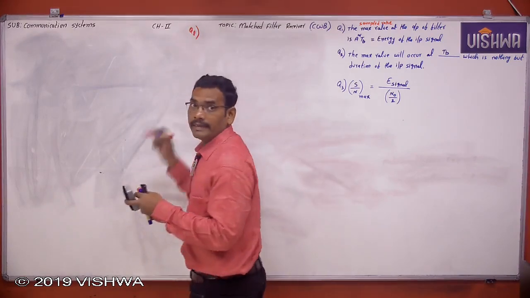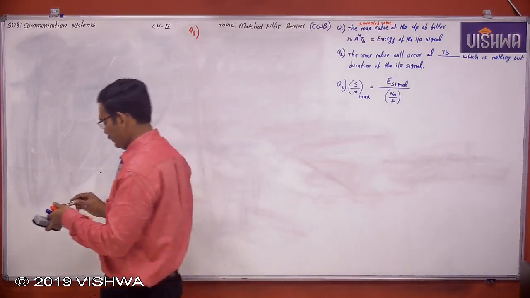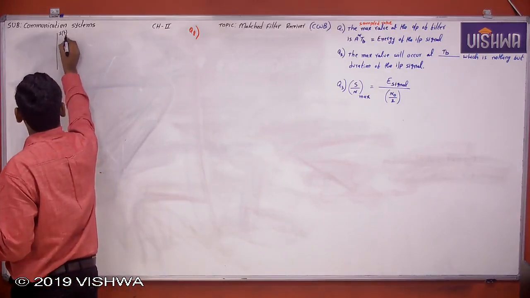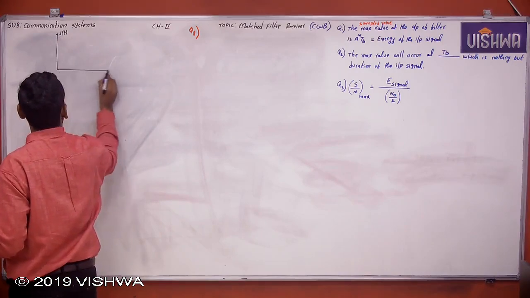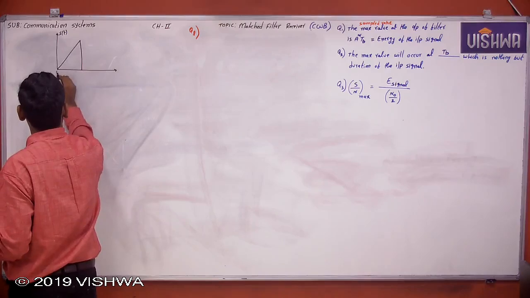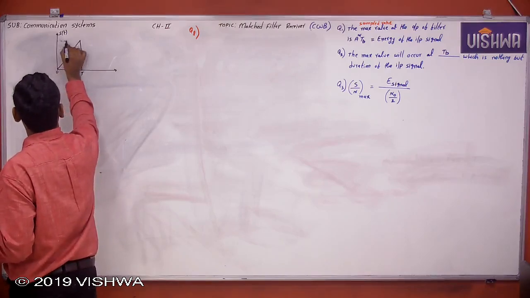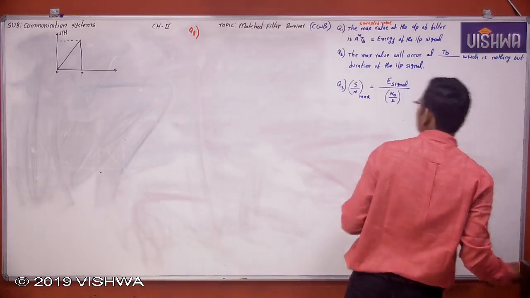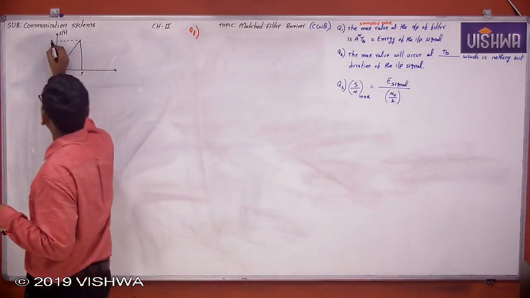Question number 8. Now this is the signal which is input to the filter. Now find the impulse response.